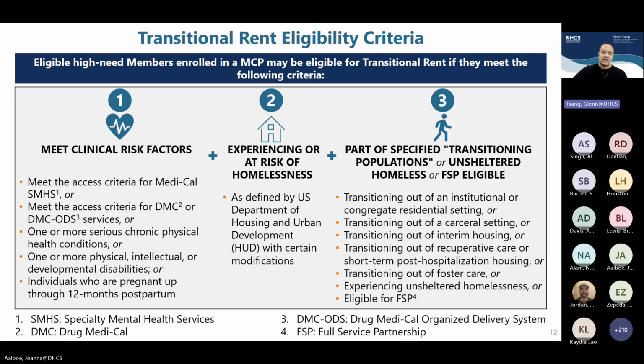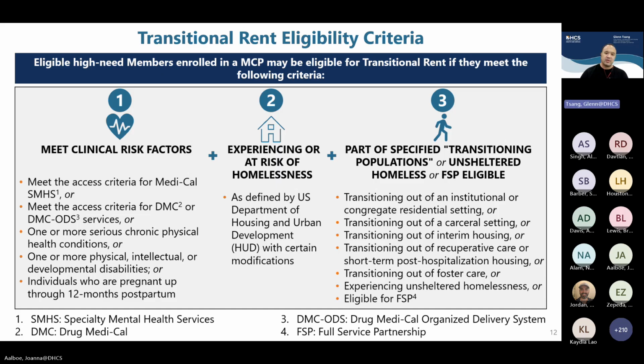As alluded to on the previous slide, DHCS has strategically decided to launch transitional rent for the behavioral health population of focus beginning on January 1st, 2026. However, on this slide, I do want to illustrate the broader eligibility framework for transitional rent.